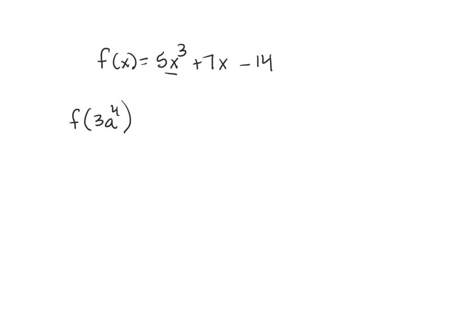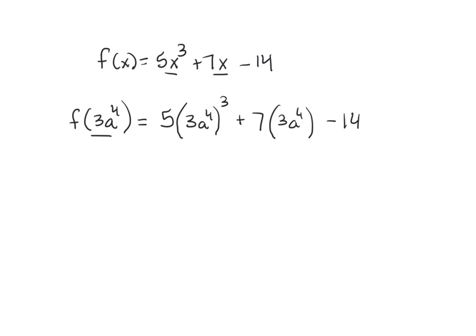So really, we're just replacing all of our x's with 3a to the fourth. So 5, and then in parentheses, 3a to the fourth cubed plus 7 times 3a to the fourth minus 14. So now it's about order of operations and properties of exponents.